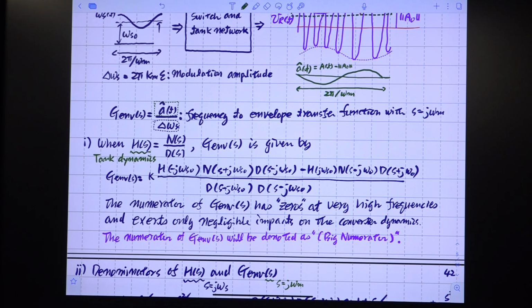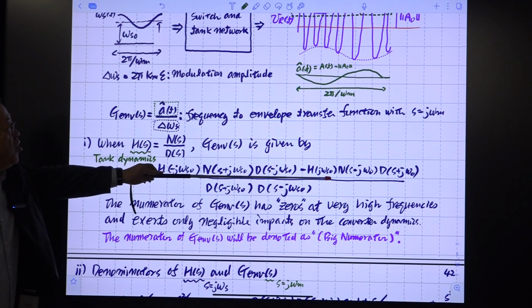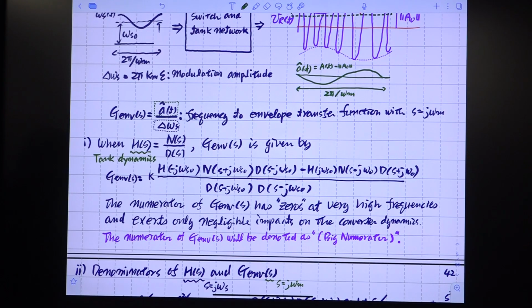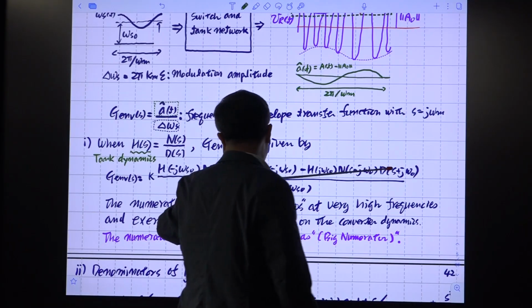Okay, and the numerator is very complex, but fortunately, this numerator has only zeros. The numerator just provides zeros that occur at very high frequency. So you can ignore them when you are considering the dynamics within the control bandwidth. So actually, you forget about this. Assume this is 1. That is fine.